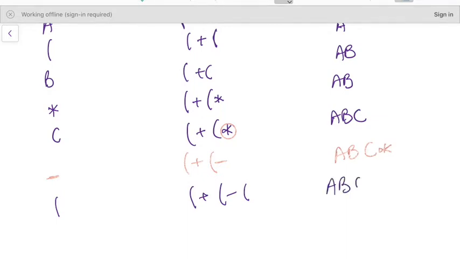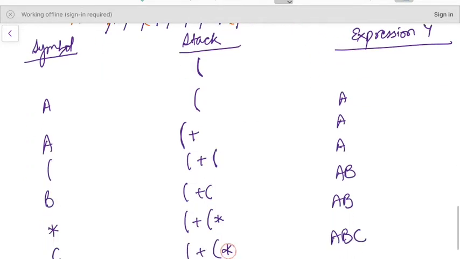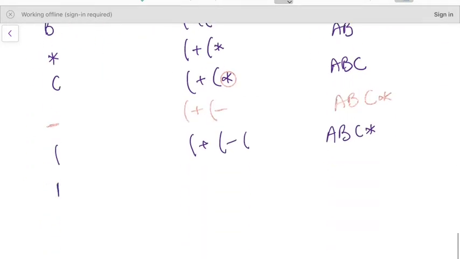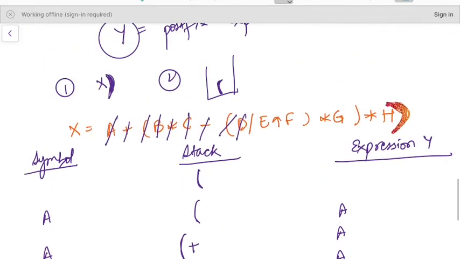And then D is an operand. So we move it to the expression Y, and then divide.